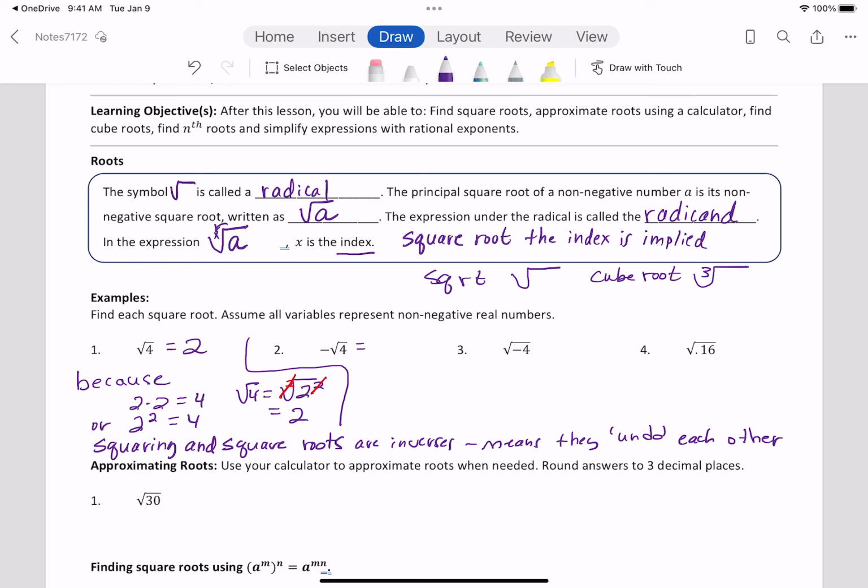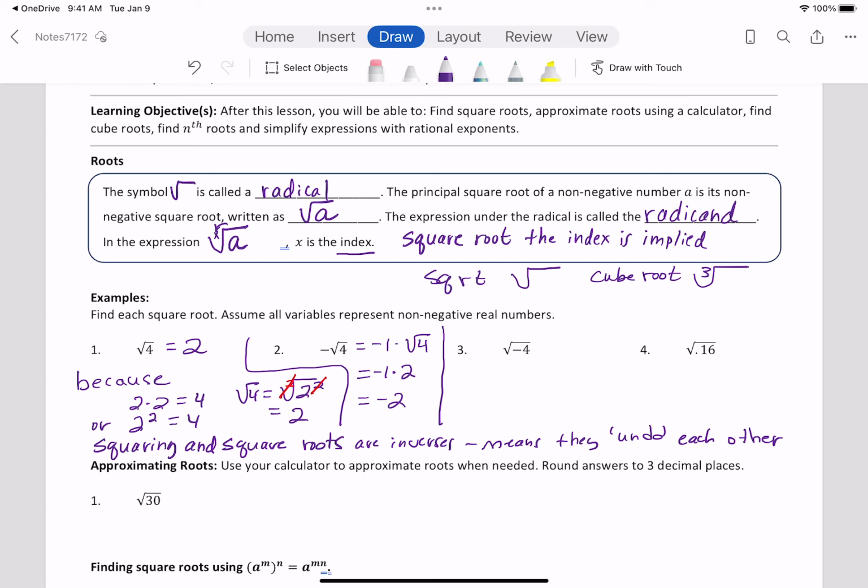So this is the same as having negative 1 times the square root of 4. So in problem 1, we already went through what the square root of 4 is and why, right? So this is just negative 1 times 2. So the answer to this one is -2.